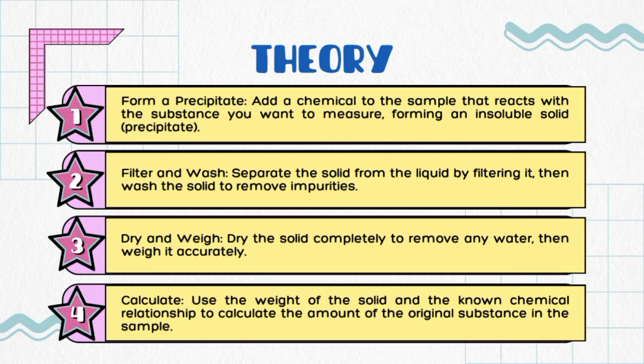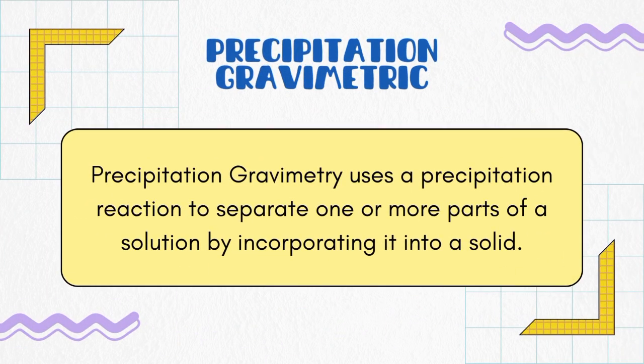Third, dry and weigh. Dry the solid completely to remove any water, then weigh it accurately. Lastly, use the weight of the solid and the stoichiometric relationship to calculate the amount of the original substance in the sample.